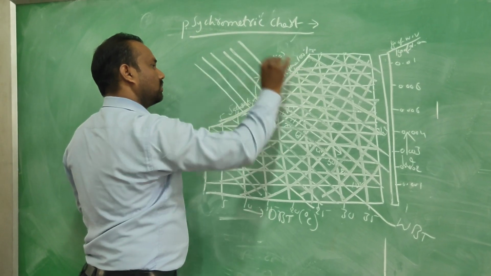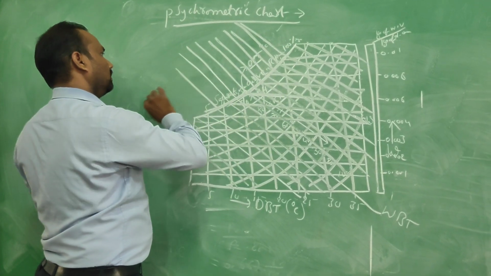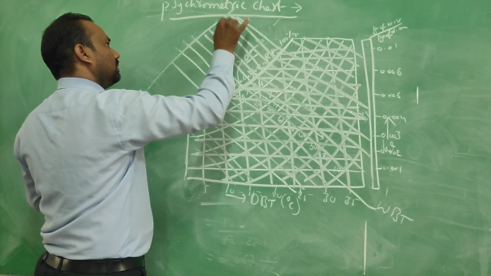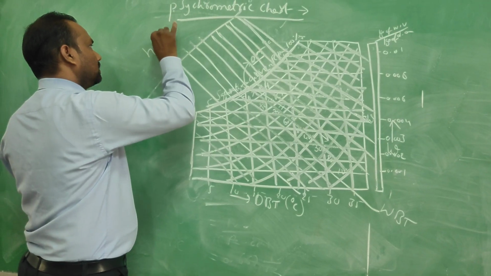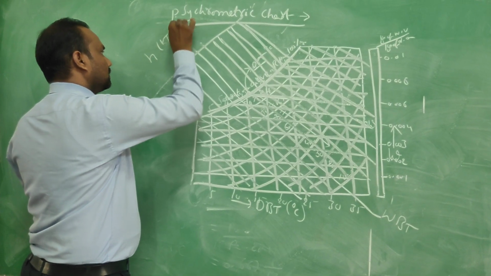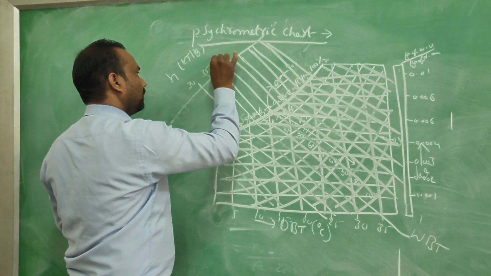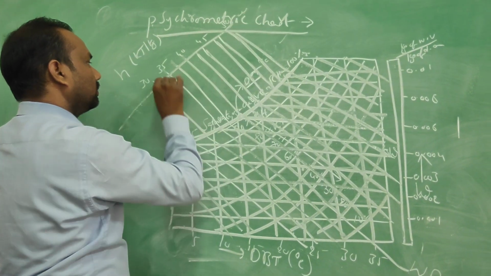above the saturation curve, there is a predefined scale given, which is called enthalpy. It is in kilojoule per kg. Enthalpy scale: let it be 30, 35, 40, 45, 50, and so on.